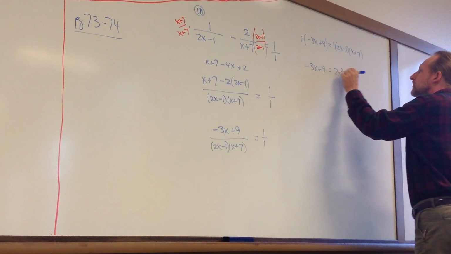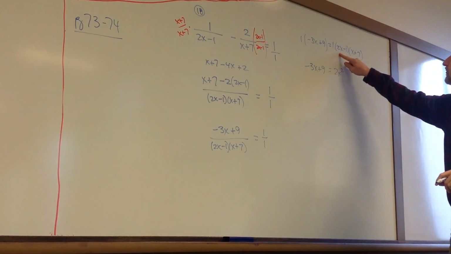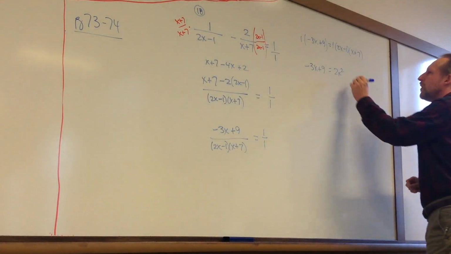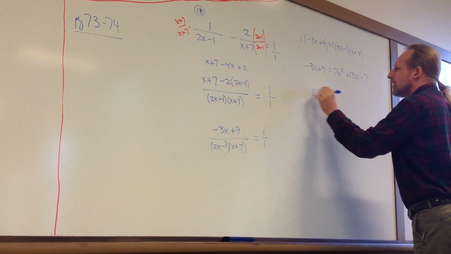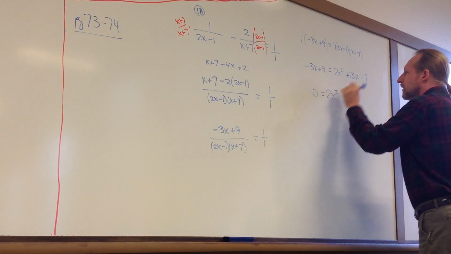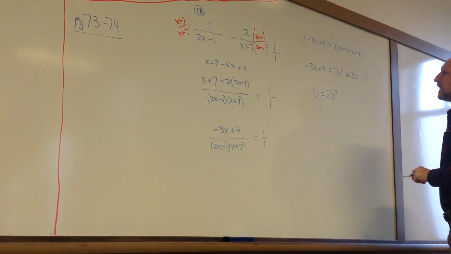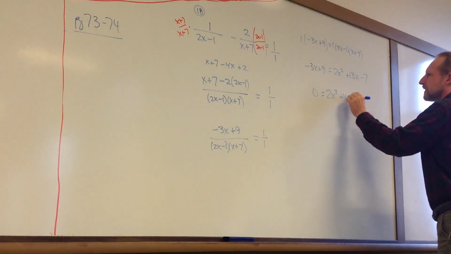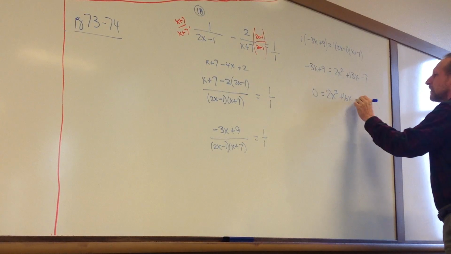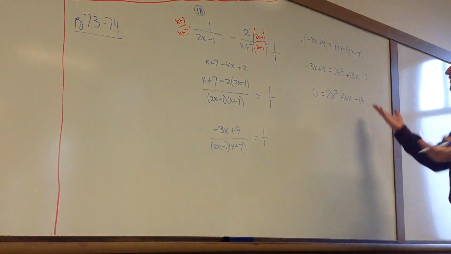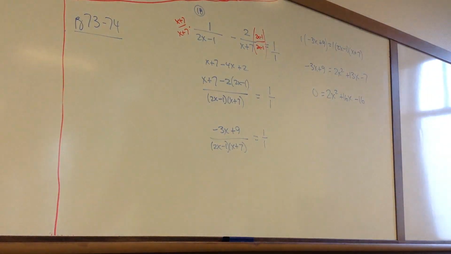This will be 2x squared, let's see, plus 14x minus 1, so that'll be plus 13x minus 7. Let's move everything over to the right-hand side. Let's see, that'll be positive 16x. And if we subtract the 9, that'll be minus 16. So you can factor out the 2 if you want to.